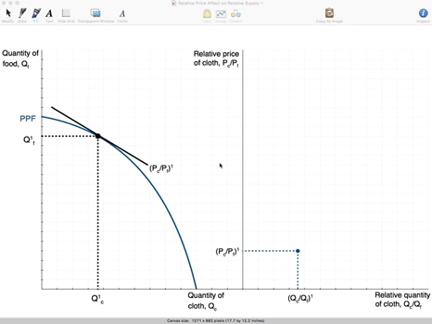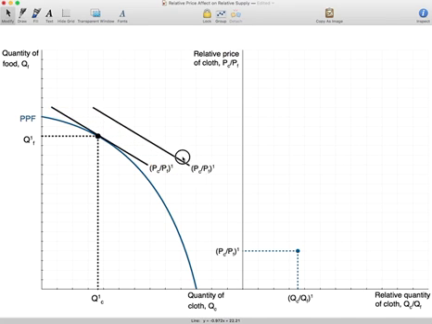So what I want to do is increase the relative price of cloth with respect to food to see what the impact of that is on production. So for shorthand's sake, I'm just going to copy these items here, duplicate them, and move that here, and realize that if I increase the price of cloth, the slope of this becomes steeper.